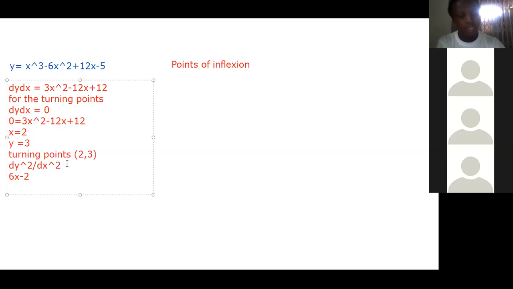Now, when we put x is equal to 2 into it, what are you going to get?